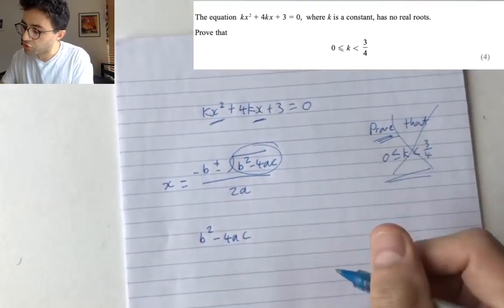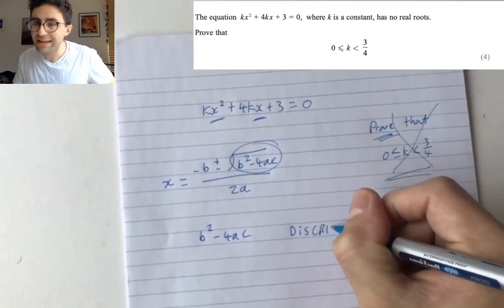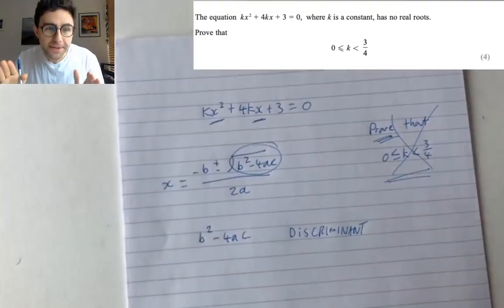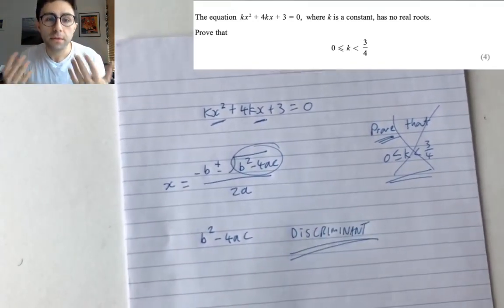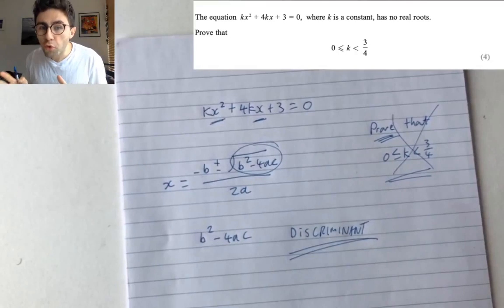And I guess the traumatic thing about it is, if that is negative, you've got a square root of a negative and you cannot do it. If it's positive, you can do it. Things are great. If it's 0, you also can do it.